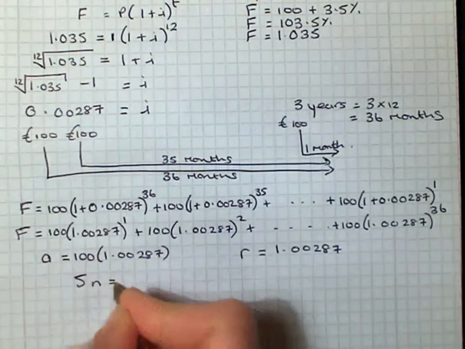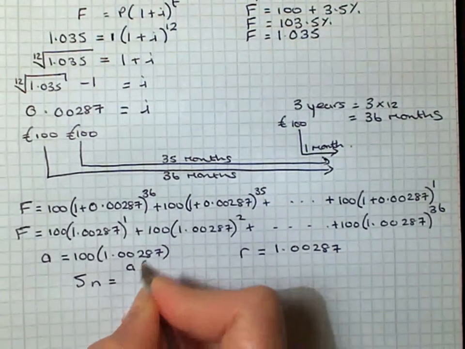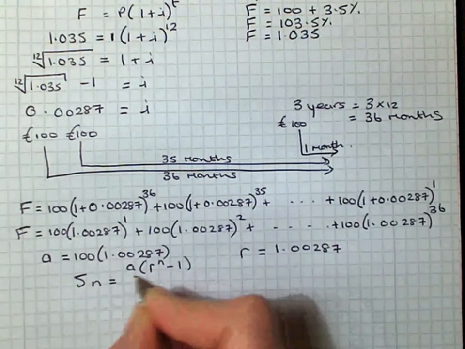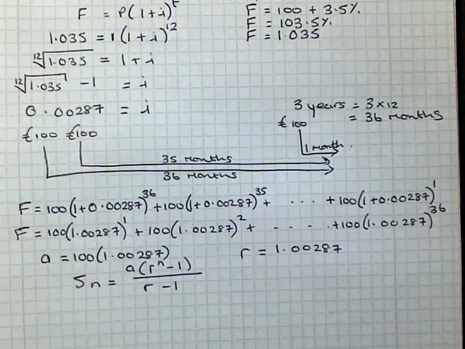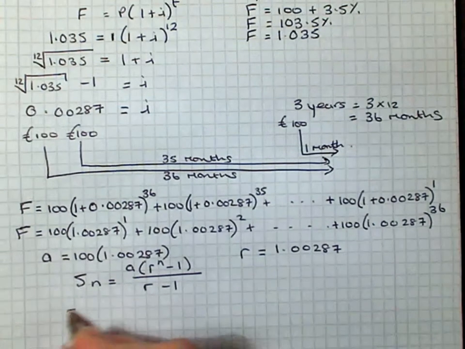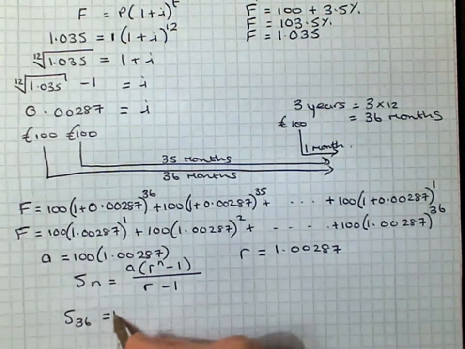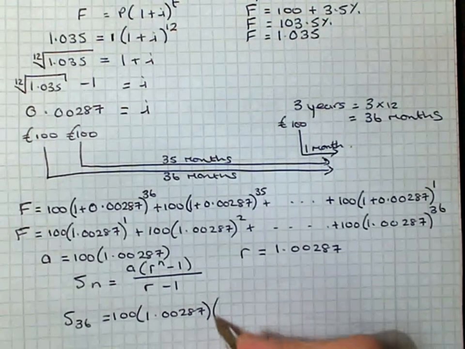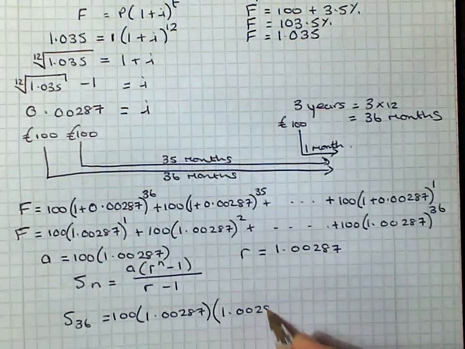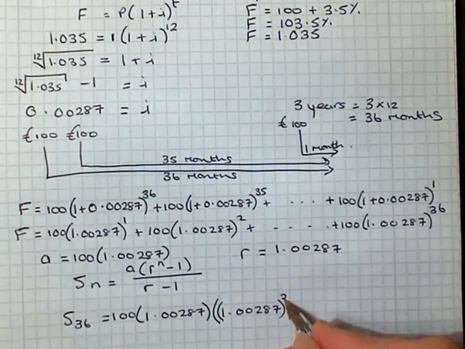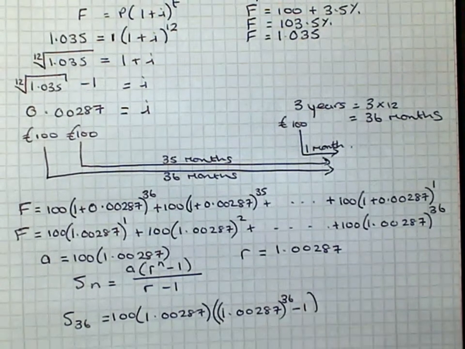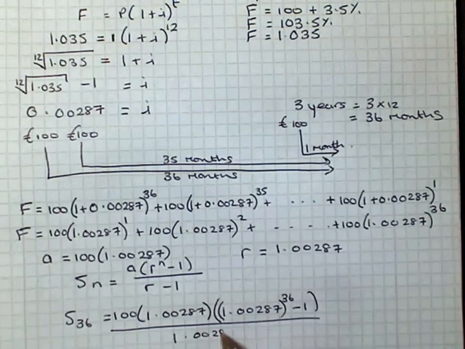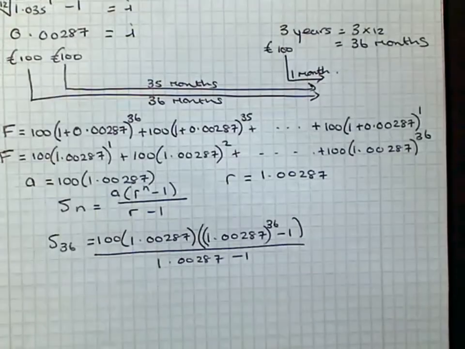So Sn of a geometric series is A into r to the power of n minus 1 all over r minus 1. So S36 is equal to 100 by 1.00287 by r, which is 1.00287, all to the power of 36 minus 1, all over 1.00287 minus 1.